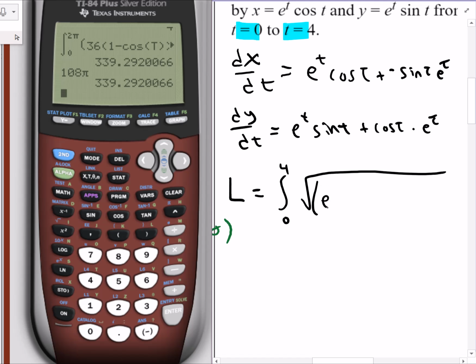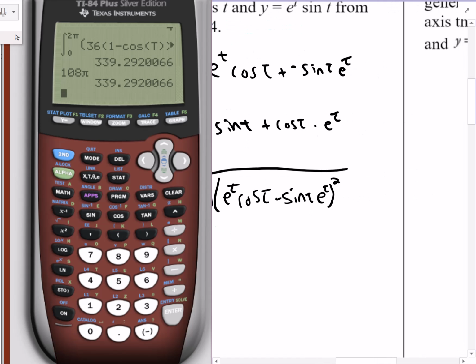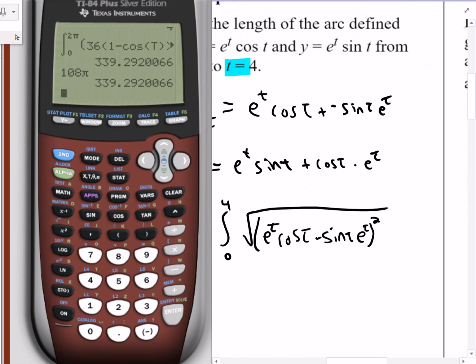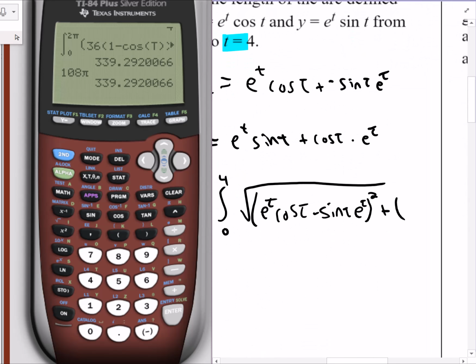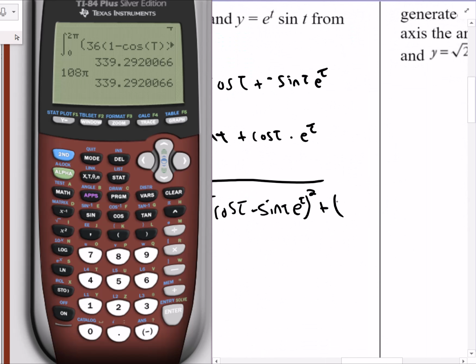So it's going to be the dx piece, which is e to the t cosine t minus sine t e to the t, that whole thing squared, and then plus the y piece squared, so plus e to the t sine t plus cosine t e to the t, all squared, right? The square root goes over the whole thing. We're integrating with respect to t.